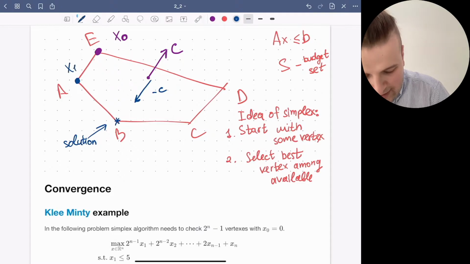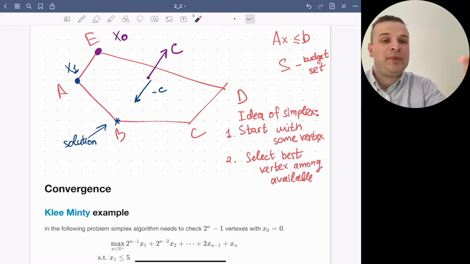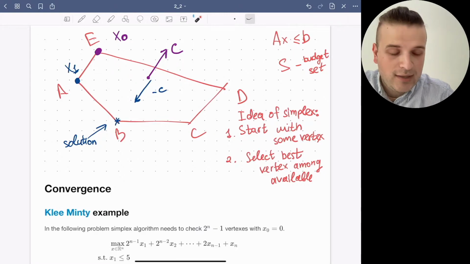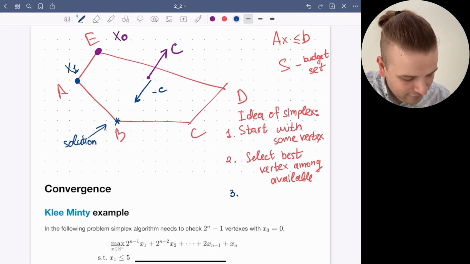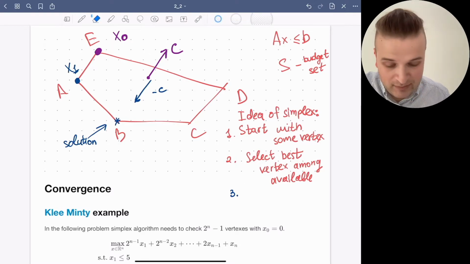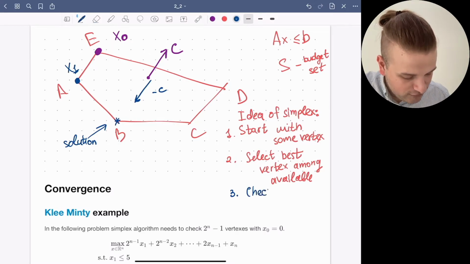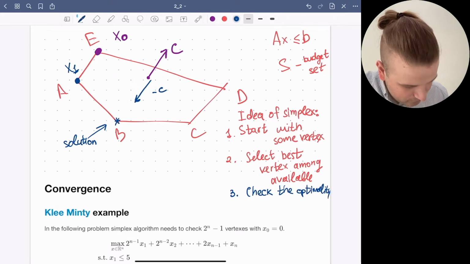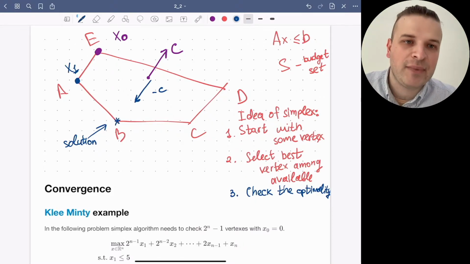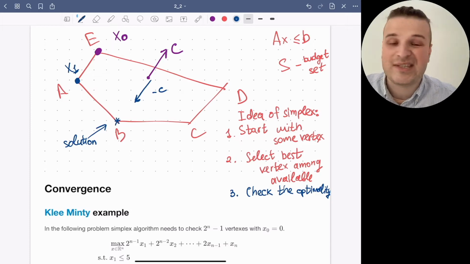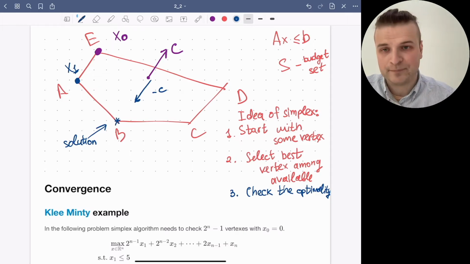So that is our x1, and we repeat the procedure again. But at each step, at each vertex, we have to check the optimality. We have a procedure to check the optimality, and actually we have an idea for it, but that's a matter of, again, a separate lecture on the simplex algorithm.